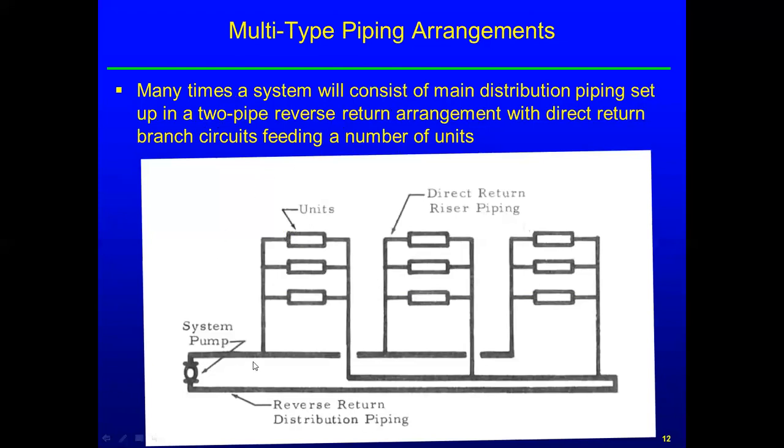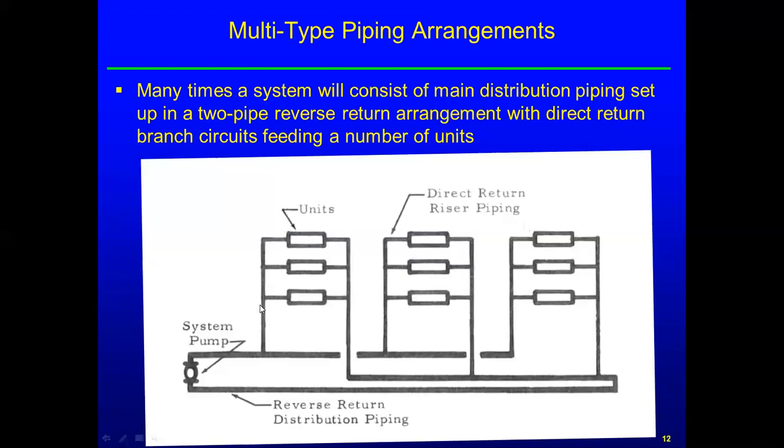So here is my distribution piping coming out of my pump. And so, here to this first riser, we've got a short supply, but then we have reverse return to make these things relatively balanced. But sometimes, because it's hard to run the piping up and down on these vertical risers, they will be piped in direct return.